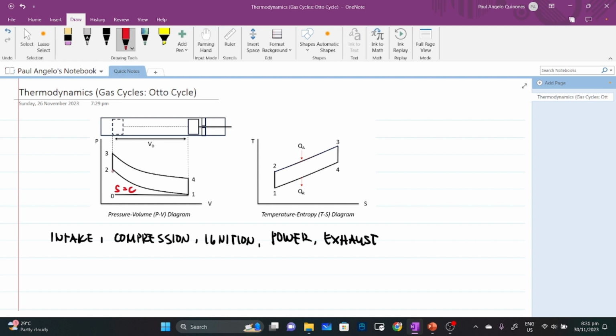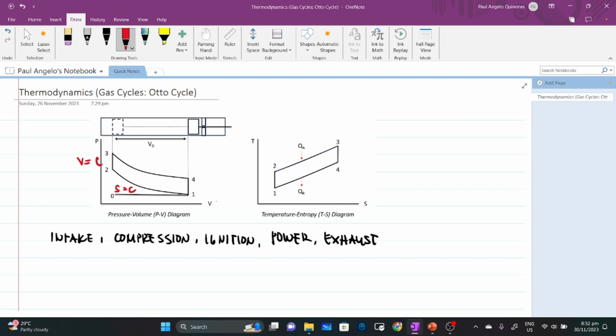Next, what about point 2 to point 3? As you can see in the PV diagram, it is represented by a straight vertical line, which represents a constant volume process, which is an isochoric or isometric process. We can write this down as V is equal to C. Take note that for point 1 to point 2, point 1 is your initial position wherein your piston is at the bottom dead center.